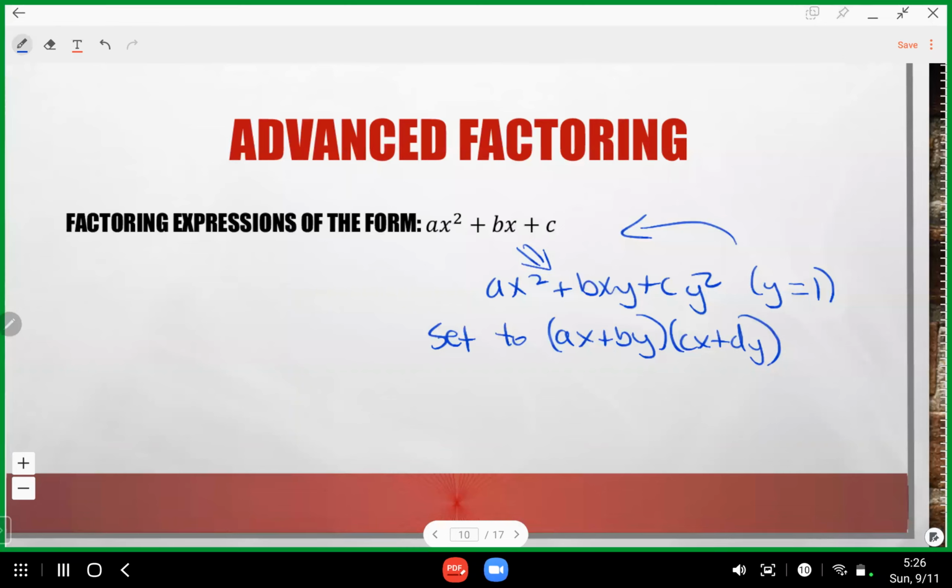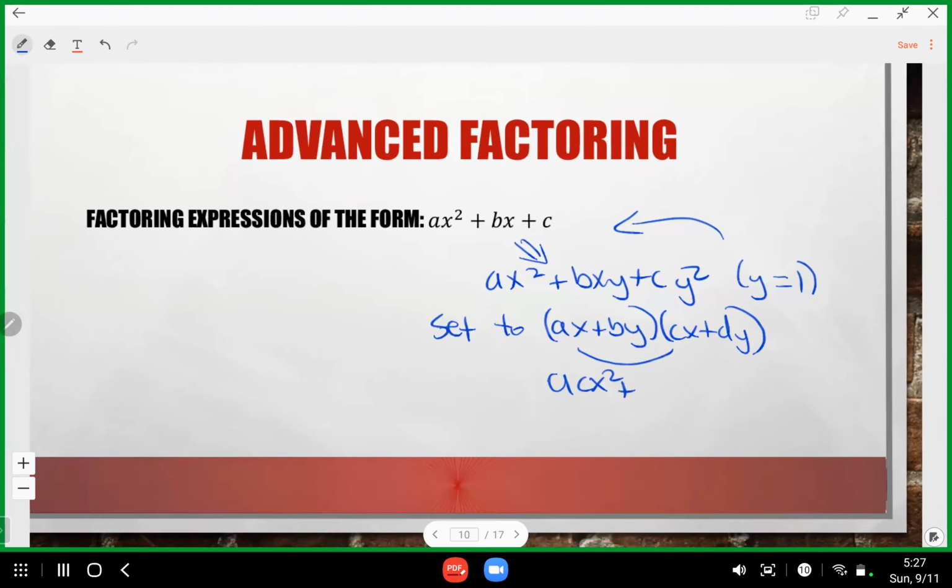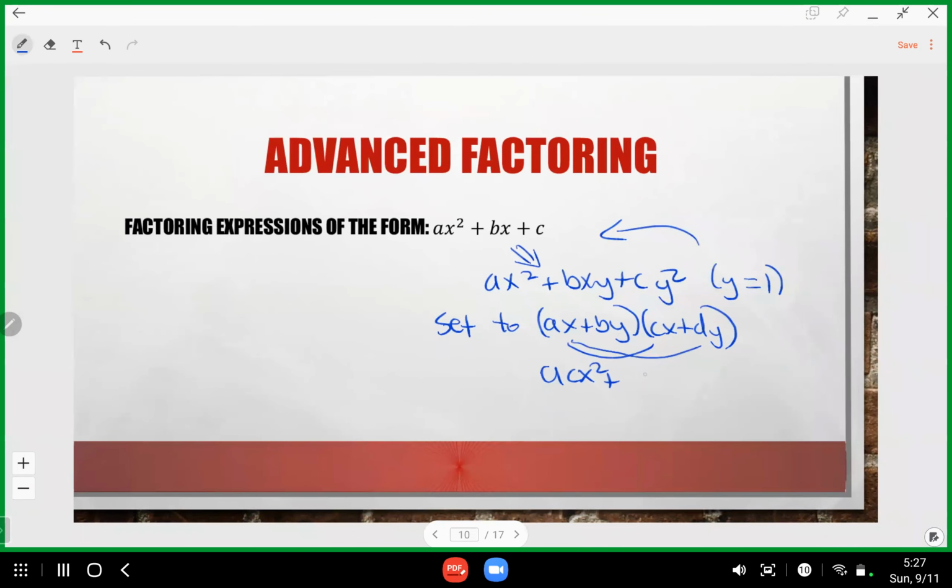I was just asking you to multiply these, but it's fine. If you multiply them, it's not that daunting. So ac x squared. Now let's multiply these two: ax times dy. Then multiply these two: by times cx, and then multiply these two: bd y squared.